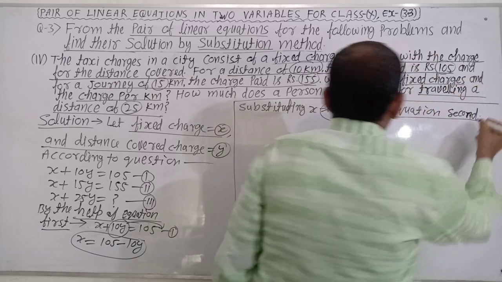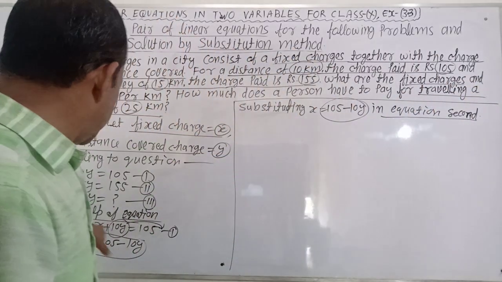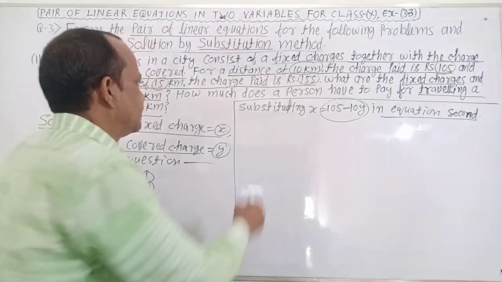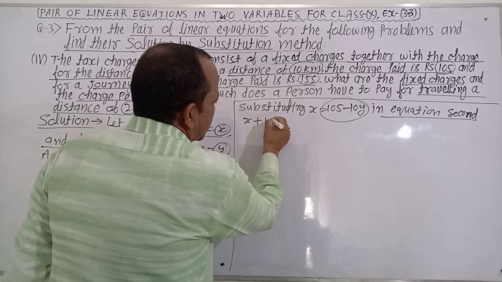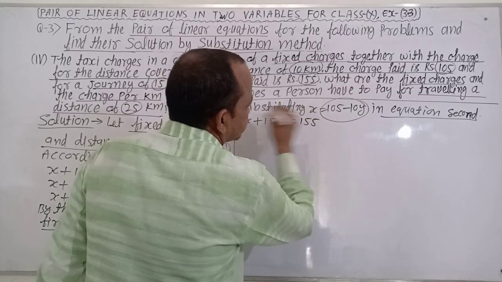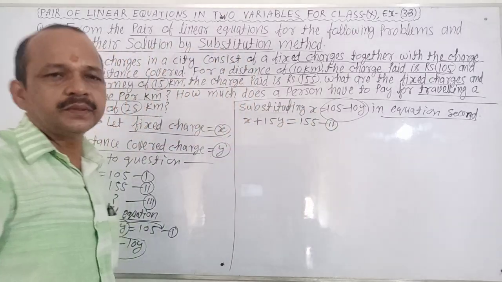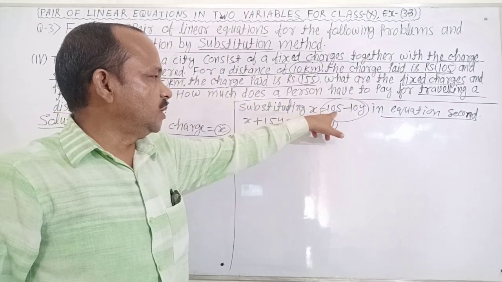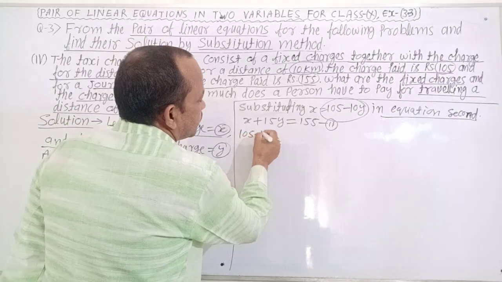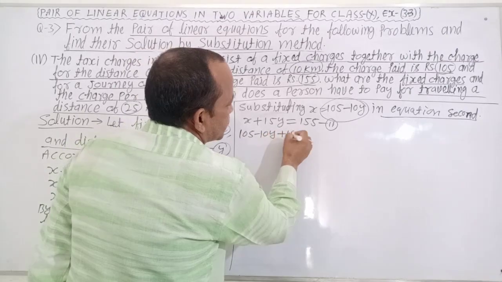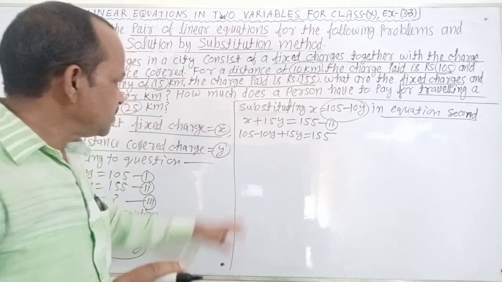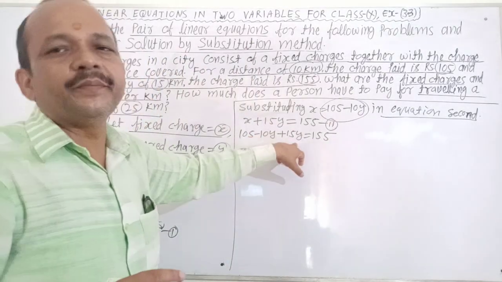Equation second is x plus 15y equal to 155. Substitute x equal to 105 minus 10y. Here 105 minus 10y plus 15y equal to 155. Clear? Here minus 10y, here 15y.